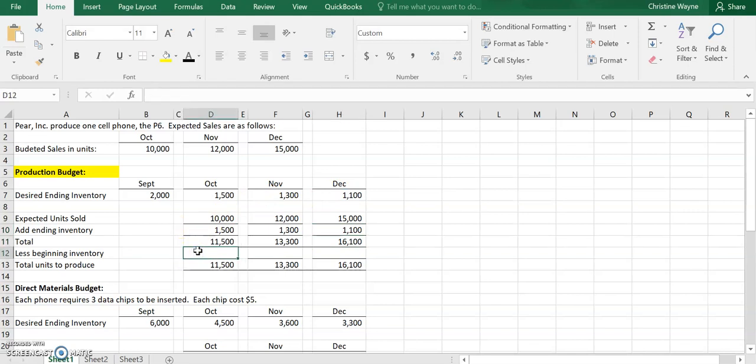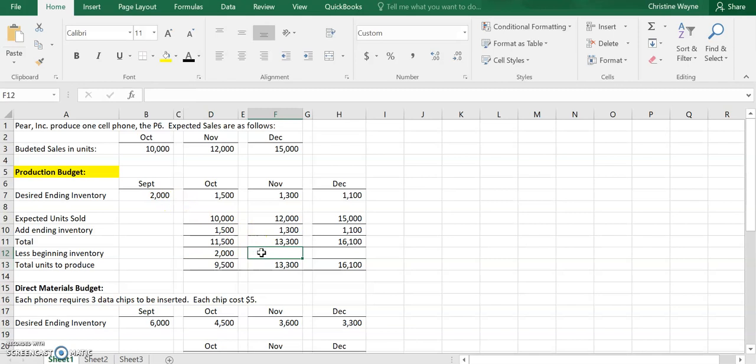One thing to remember and keep in mind is that our beginning inventory is always the previous month's ending inventory. So September 30th is going to be the same thing as October 1st. So my beginning inventory is the last month's ending inventory, right?